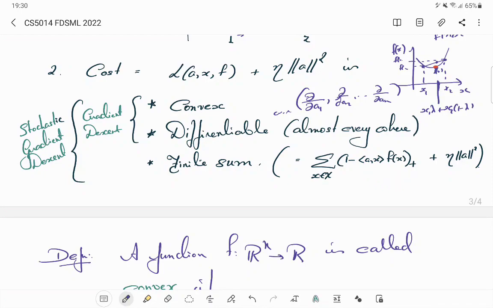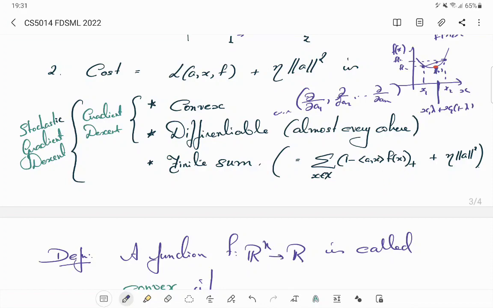So this is extremely useful in an algorithm called stochastic gradient descent, where instead of calculating the entire gradient in each step, you randomly pick one term of this summation and calculate the gradient only based on that one term.